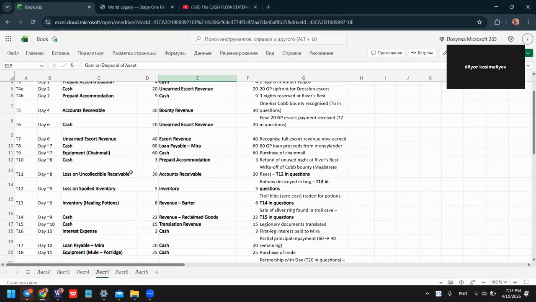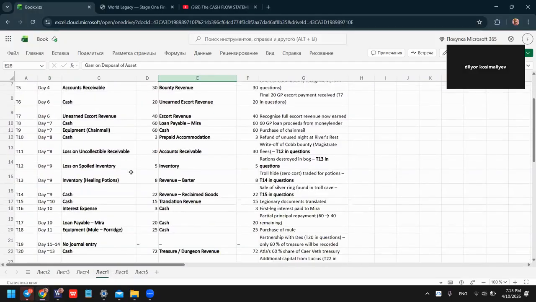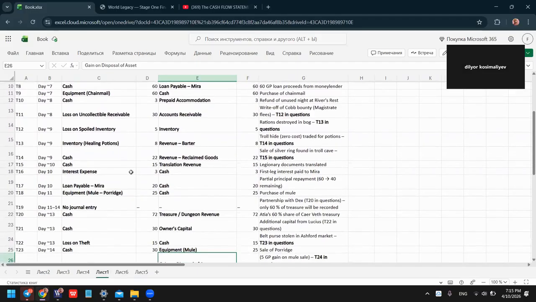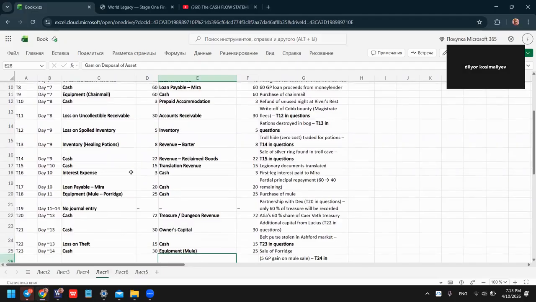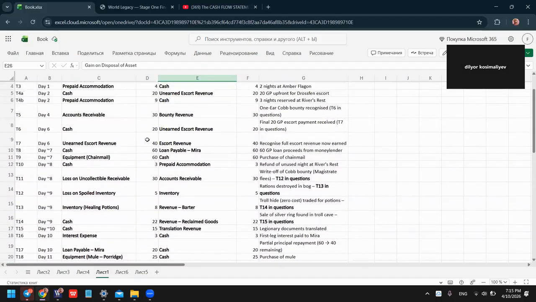Yes, here. Okay, this one. It's also one of our operating expenses because we needed that inventory for her to continue working, for her to continue her journey.